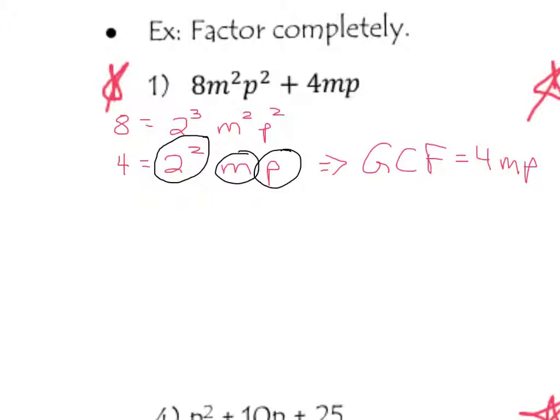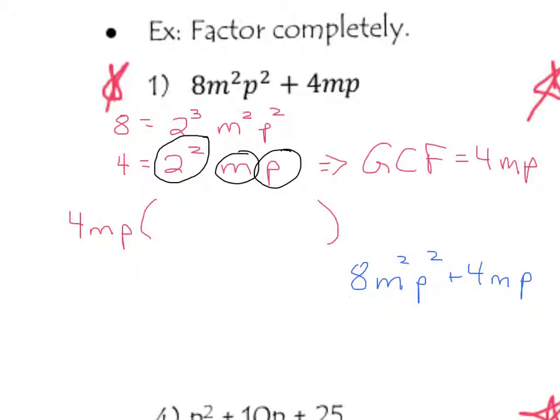Now you are going to write 4MP, and then you're going to write what you have left. How do you figure out what you have left? You actually divide. Let's go back to our original expression.